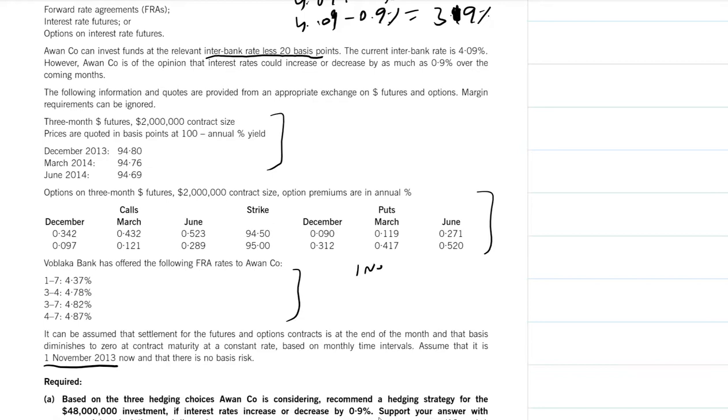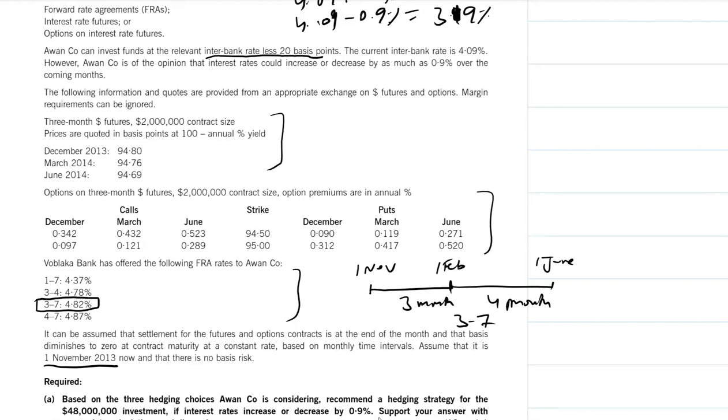So if today is 1st November and you are going to invest on 1st February till 1st June, now 3 months are available, and after 3 months you will invest for a period of 4 months. So this will be 3-7. We will choose this.